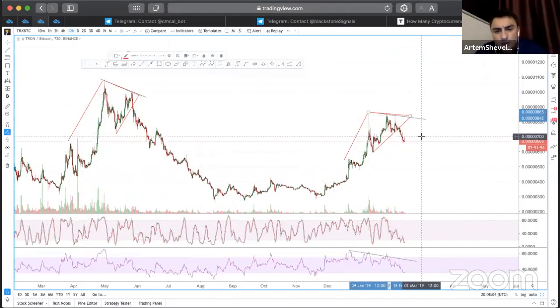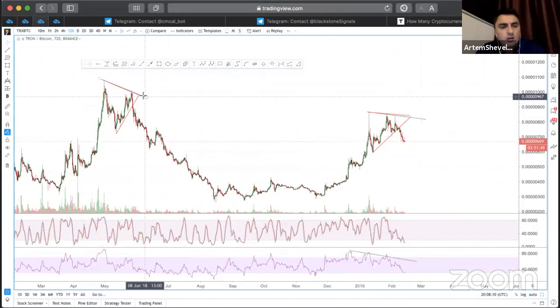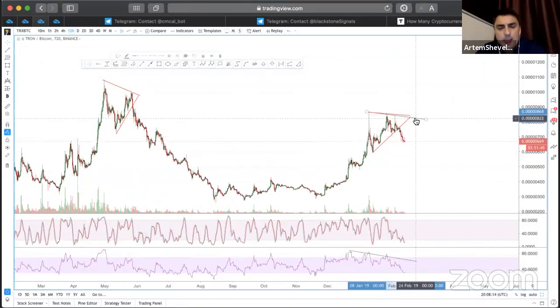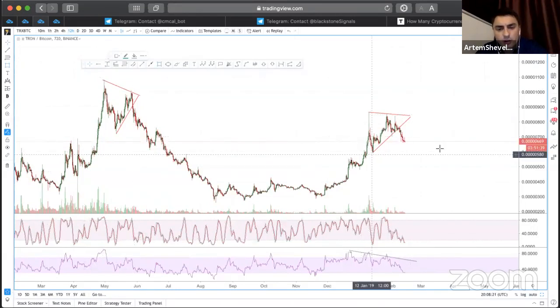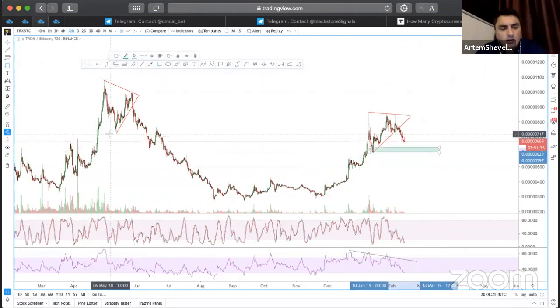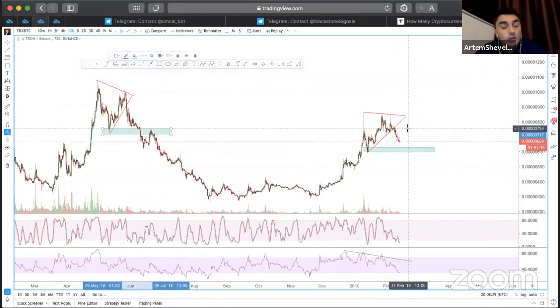I'm going to delete useless things here. So to confirm the market is reversing, we need to make another low, right? The price needs to break out from these previous lows to confirm that we are bearish.